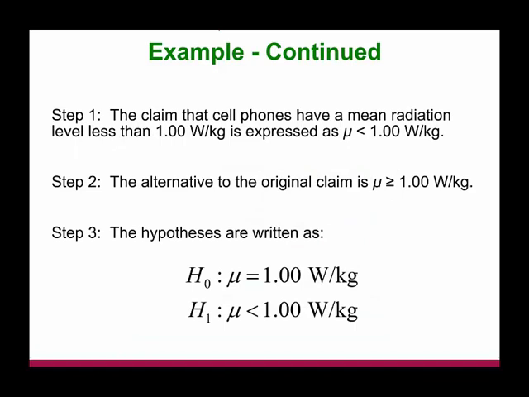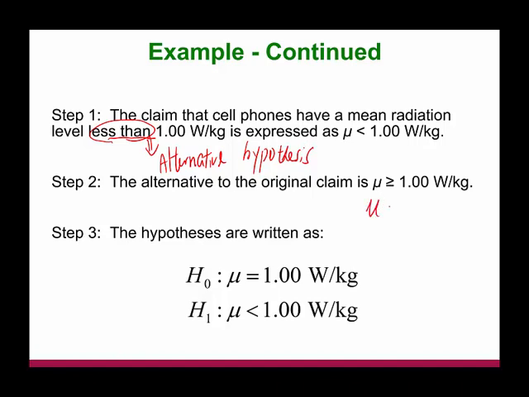Now first of all, set up the claim. Now hypothesis, alternate hypothesis. Claim that alpha has a mean radiation less than indicates it must be an alternative hypothesis. There's no equal sign here. Alternative to our original claim is mu greater or equal to 1.00 watt per kilogram.